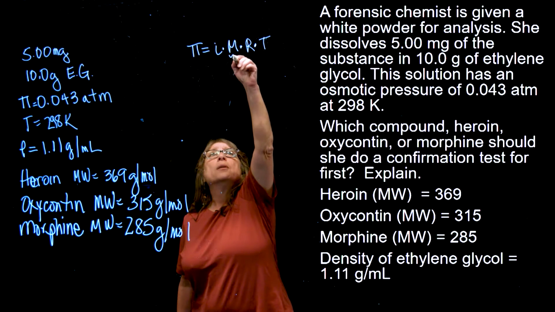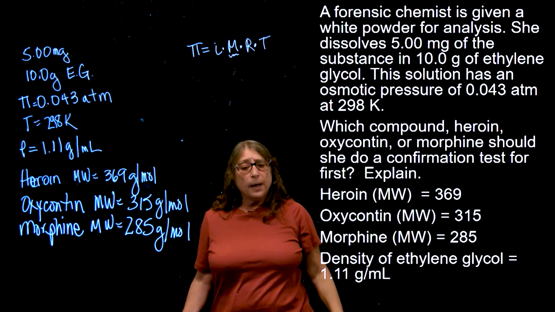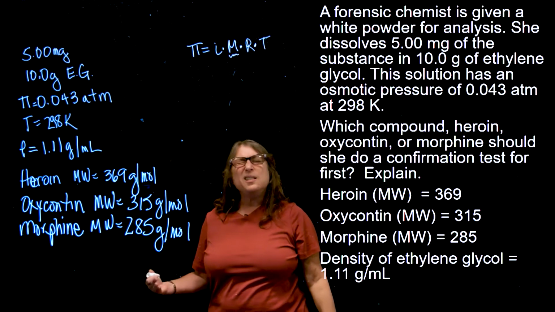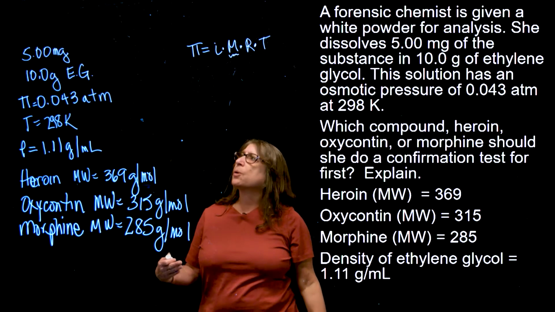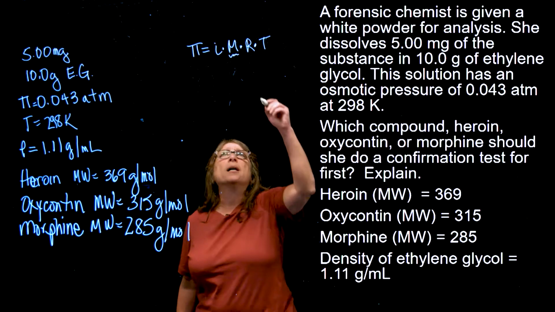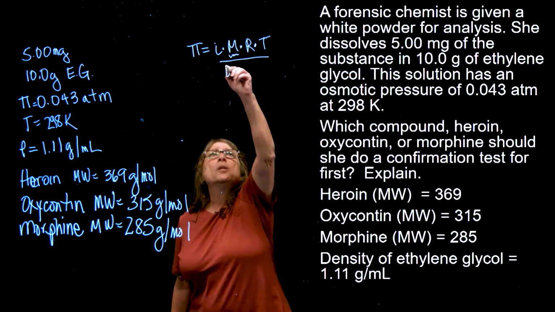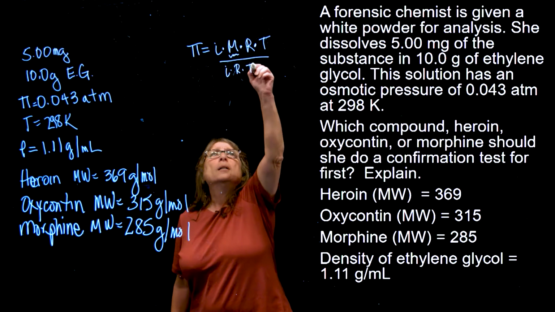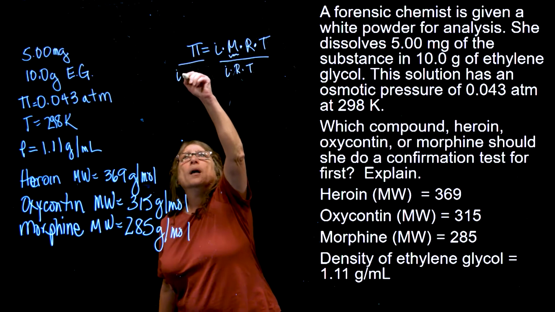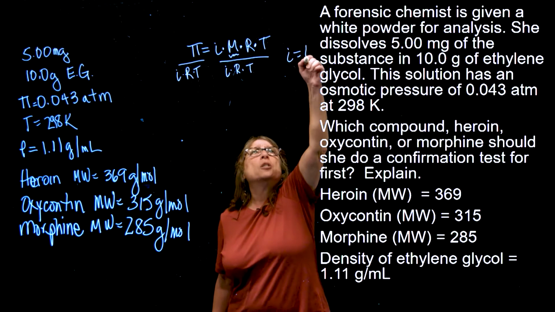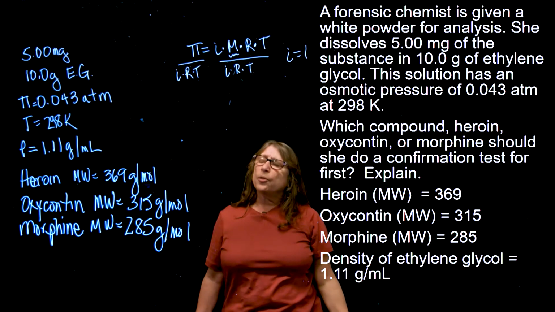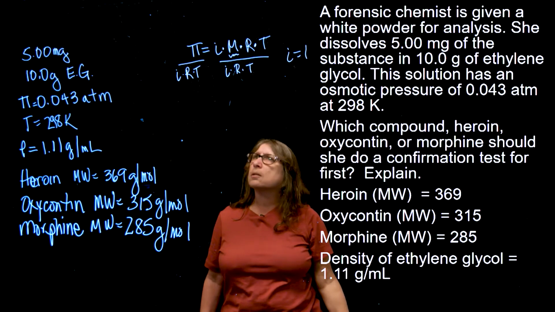And I want the molarity by itself, because that's at least, I think, going to give me moles, and I have grams, so I should be able to get a molar mass. So I'll divide both sides by R times T and i. Now, this i, we expect to be 1 because we don't think any of these are salts.